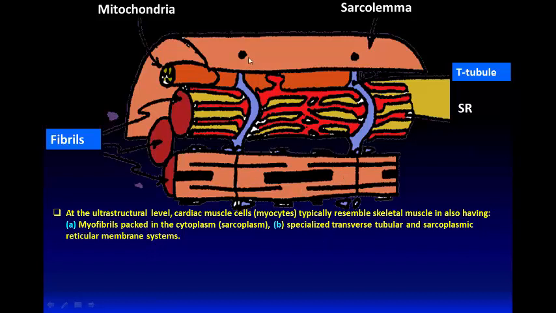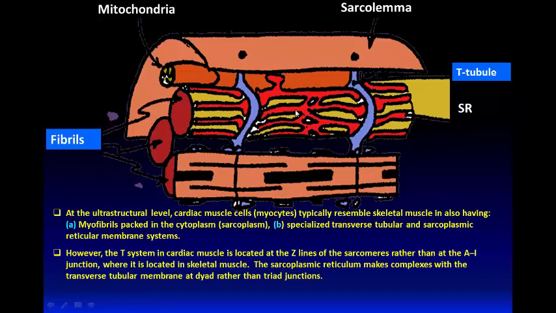Also, we have specialized transverse tubular and sarcoplasmic reticular systems. We have the T-tubules and the membranes of the sarcoplasmic reticulum. However, the T-tubular system in the cardiac muscle cells is located at the Z lines of the sarcomeres rather than at the AI junctions in the sarcomeres of the skeletal muscle fibers.